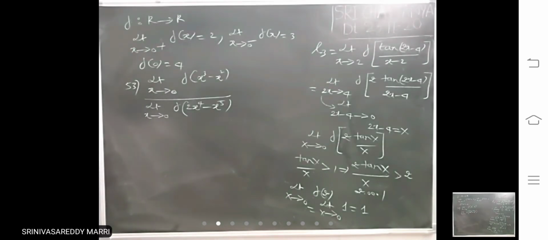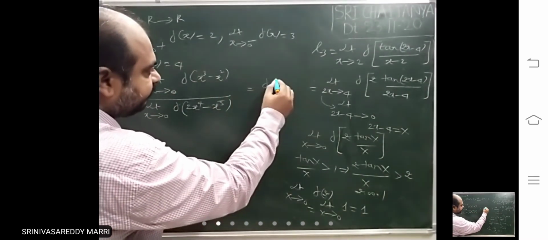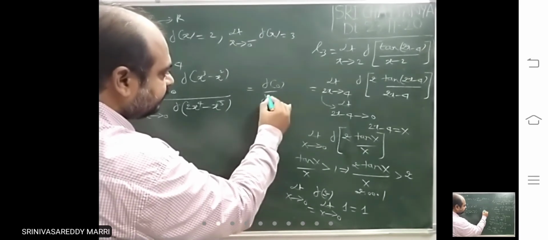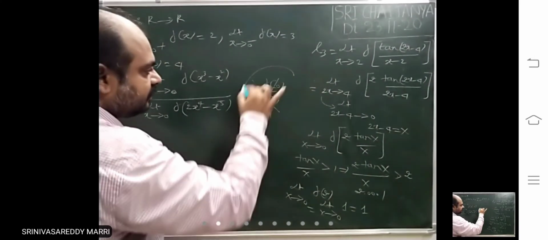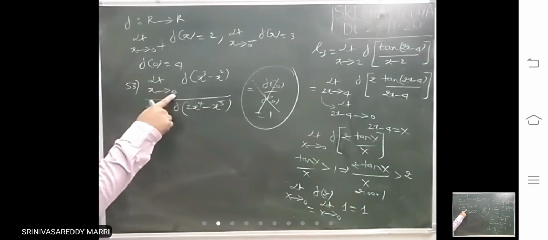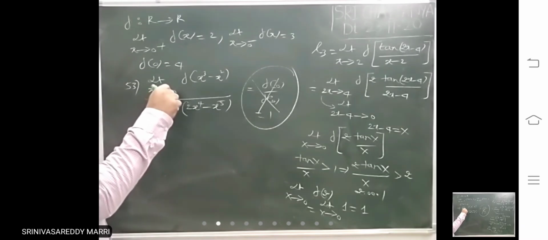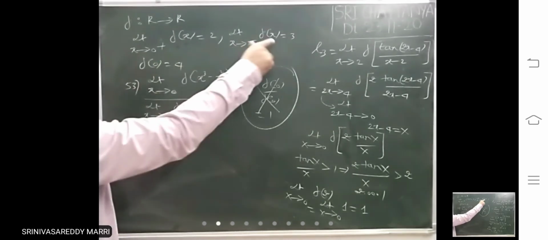Look at here. If you substitute x equals 0, you will get f of 0 divided by f of 0. That is 1, but this is wrong. Limit x tends to 0 is not regarding x equal to 0, because right limit is 2, left limit is 3.